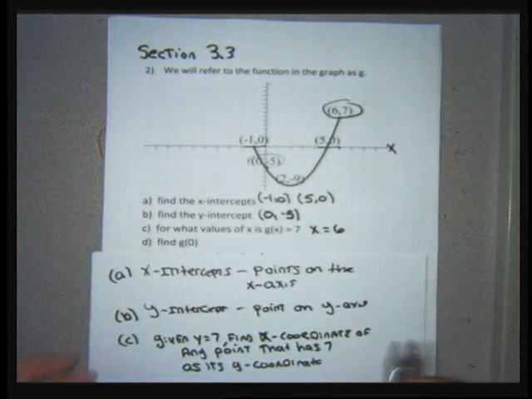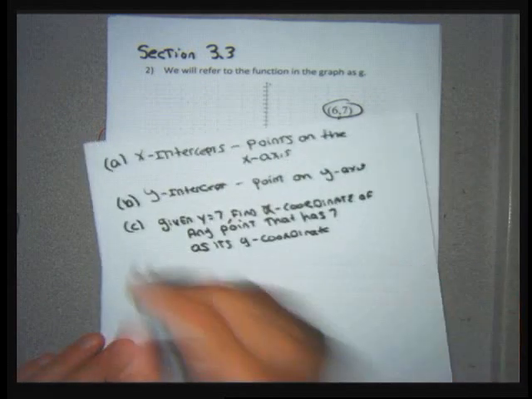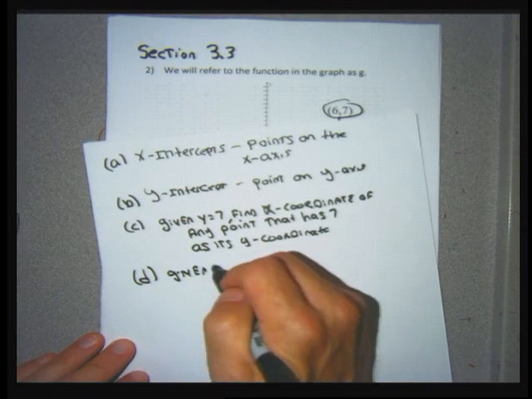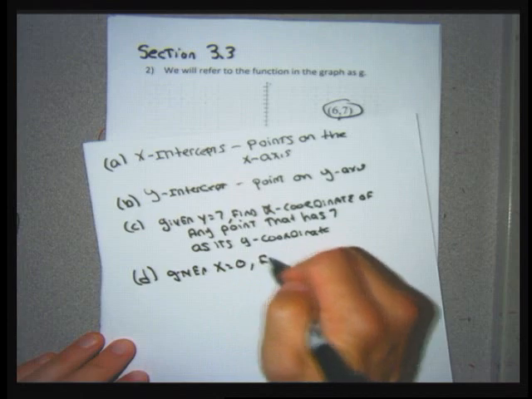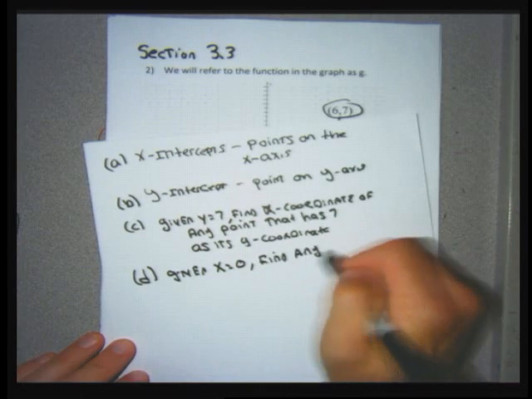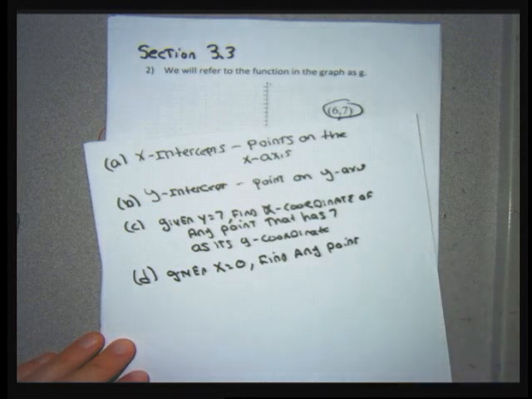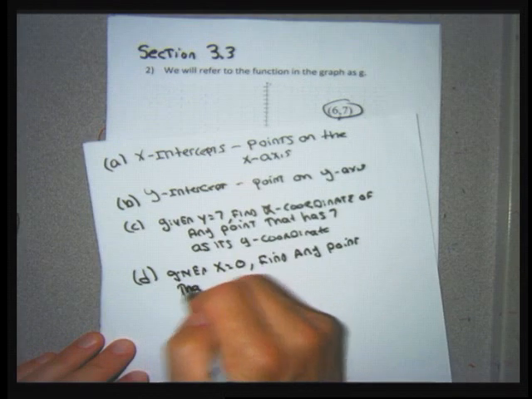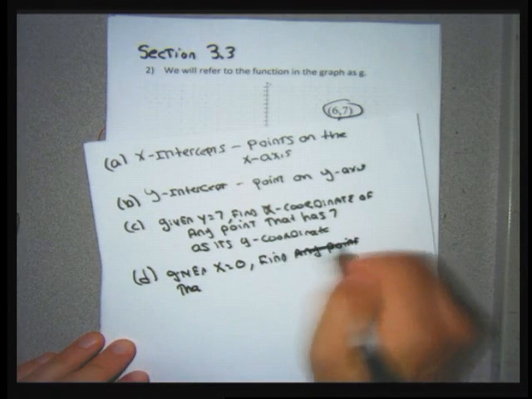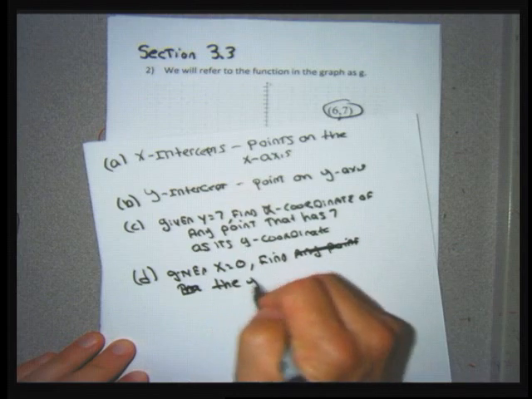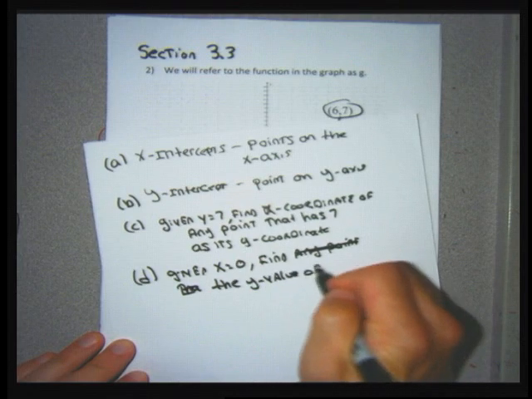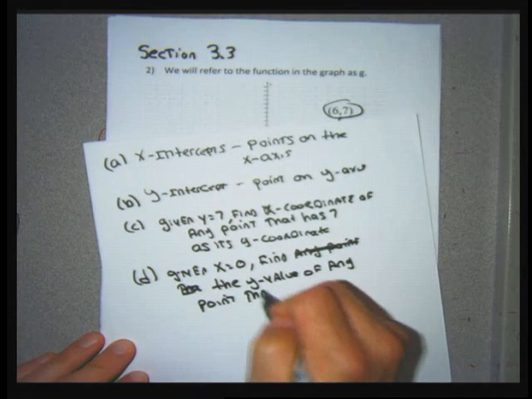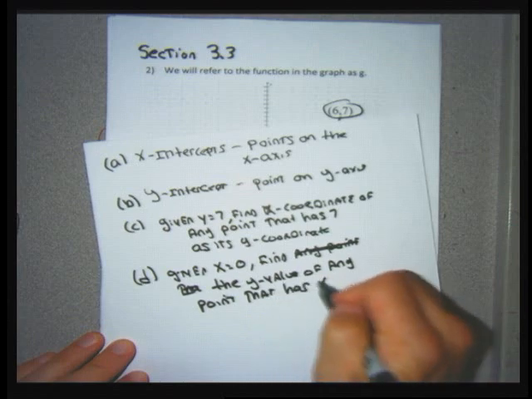And then part D, to find g of 0, that's given x equal to 0. Find the y value of any point that has x equal to 0.